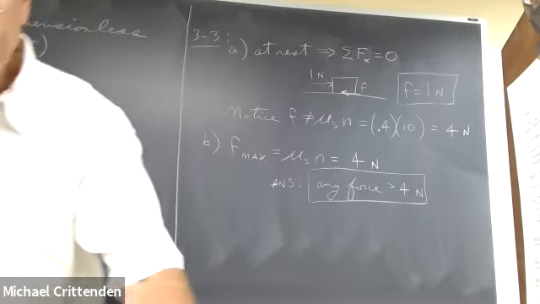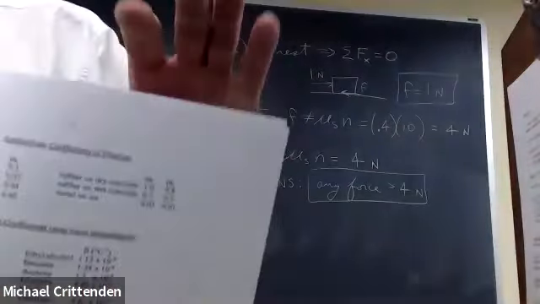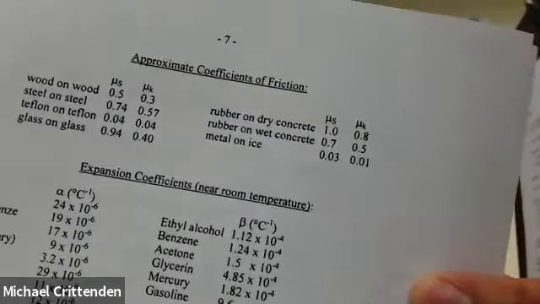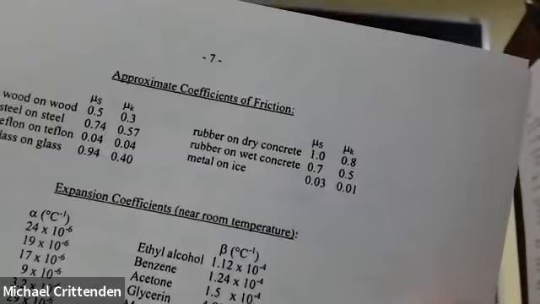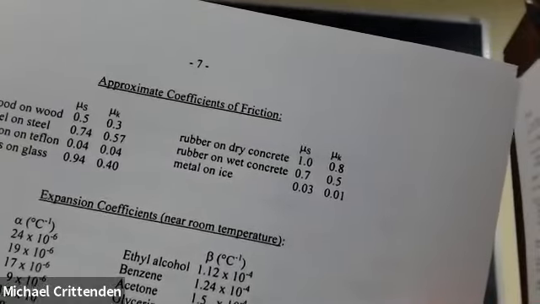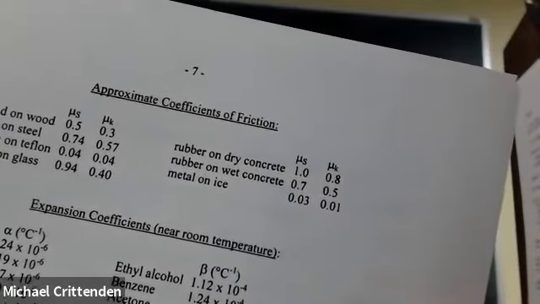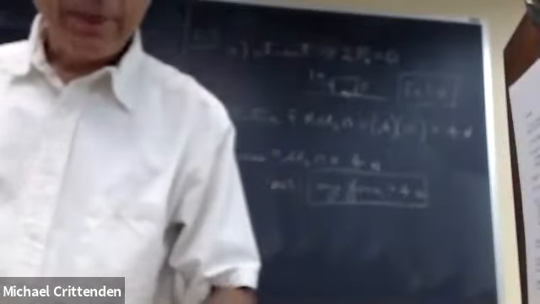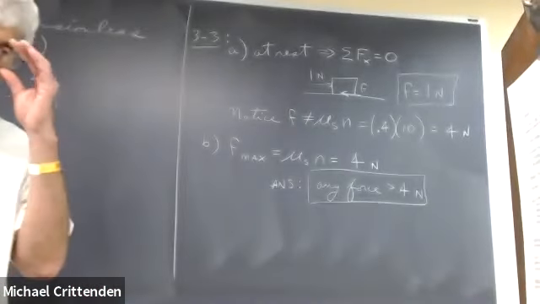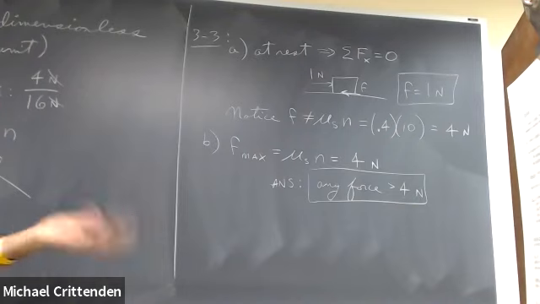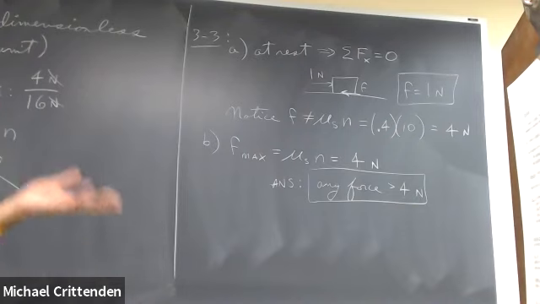There's a reason that some of these are only given to 1 significant figure and the rest are only given to 2. Especially wood on wood, the first one on the list. There's all different kinds of wood. Is it pine or is it oak? That's going to make a difference.